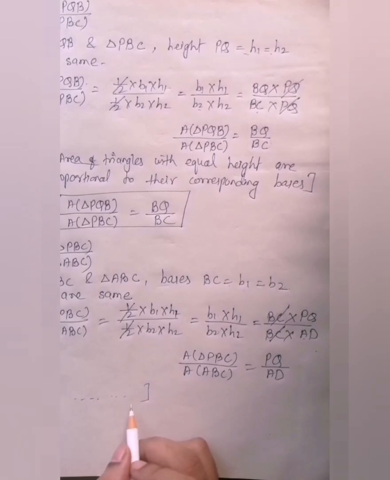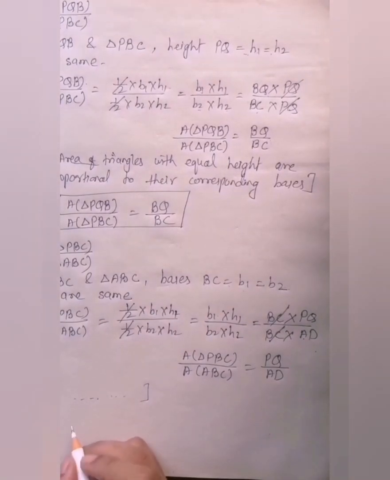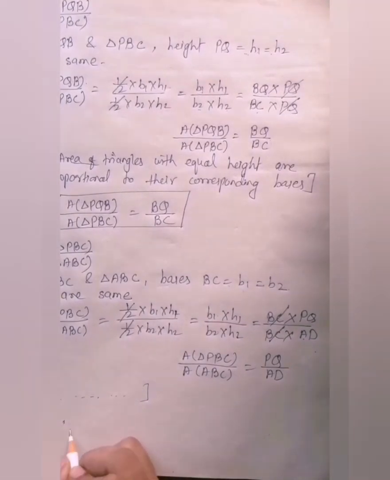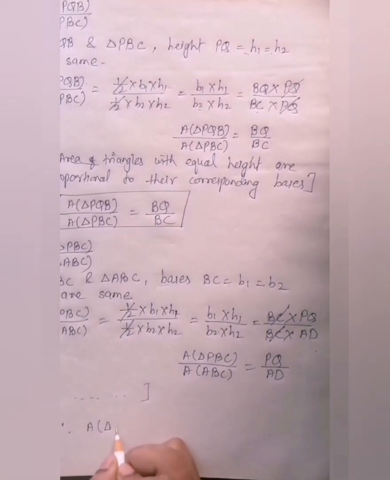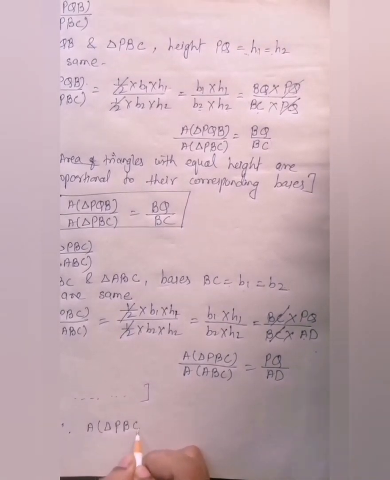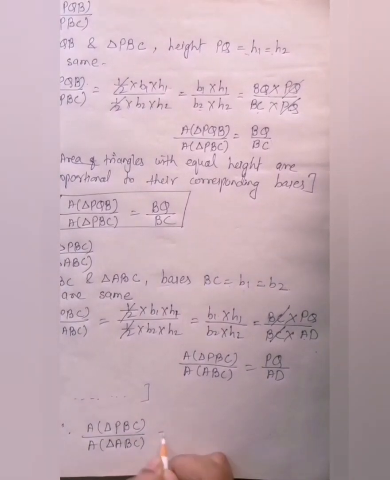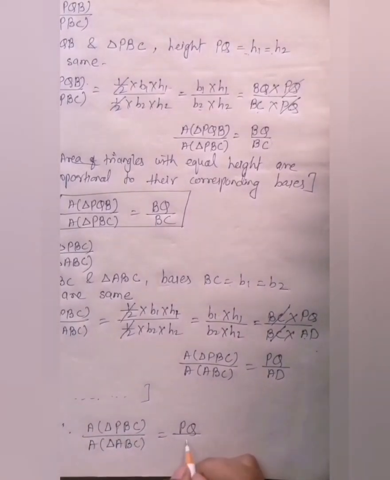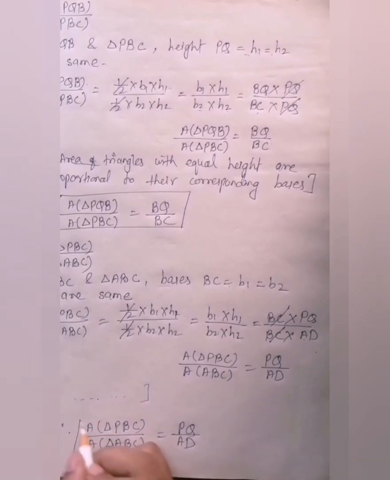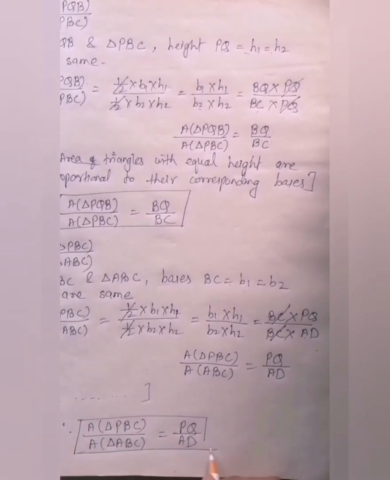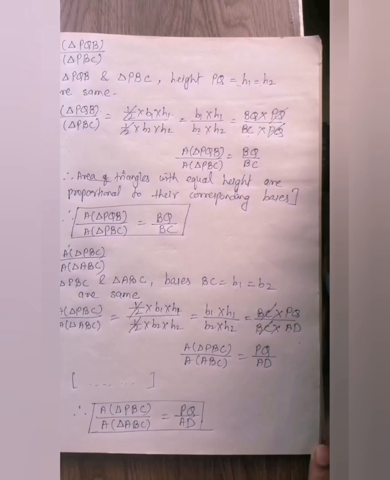With the help of this you will get marks, otherwise you will not. So the reason is very important. You should write it in your notebook. Clear? So therefore, area of triangle PBC upon area of triangle ABC equals their heights PQ upon AD. Clear, students? So this is the final answer. In this way we solved the two sub-questions of question number 5, 1 and 2. Just copy down, students.